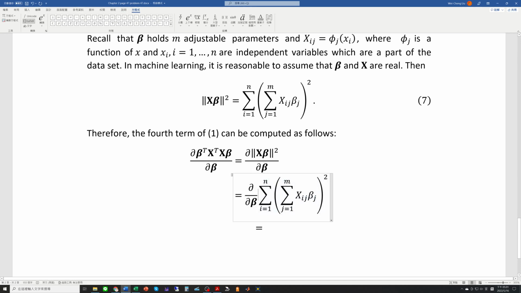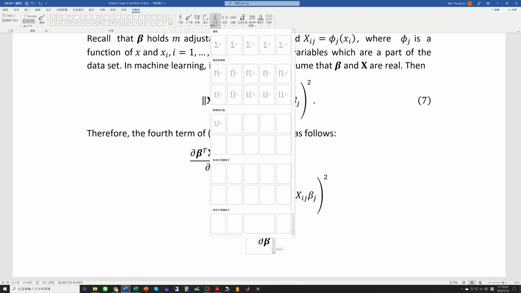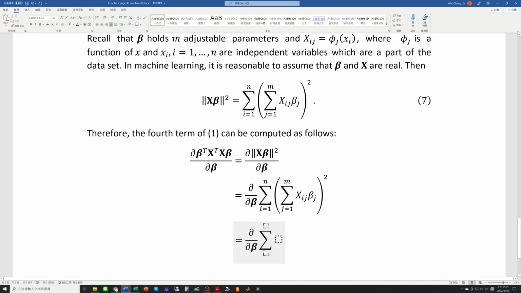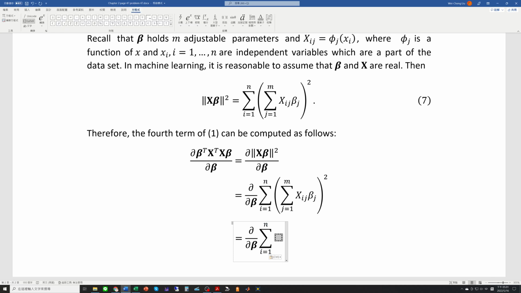And it is equal to partial over partial beta, and summation i is equal to 1 to n. Let us insert parentheses here, and let us expand this term.